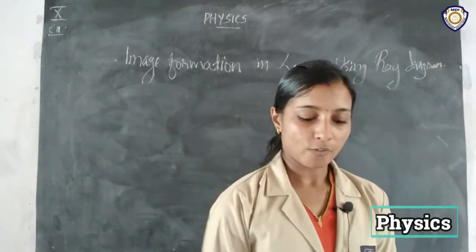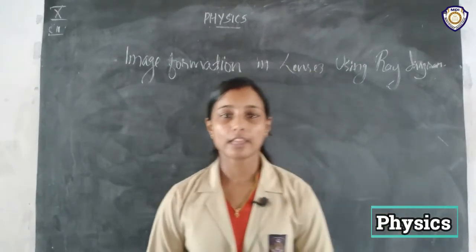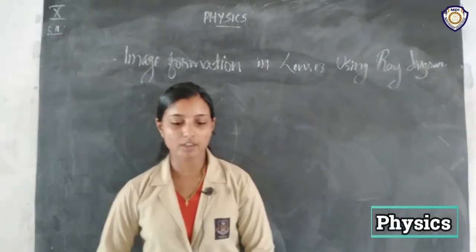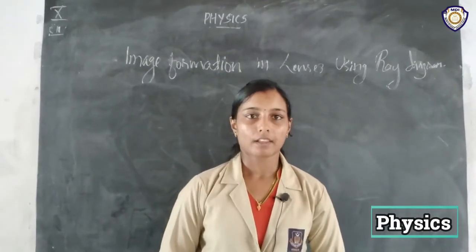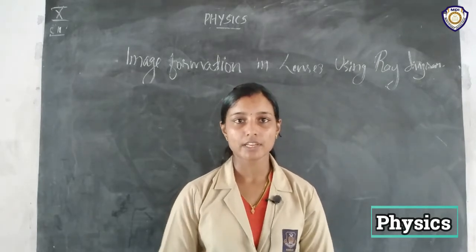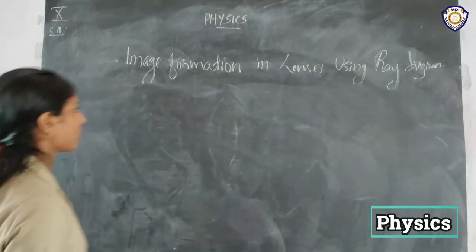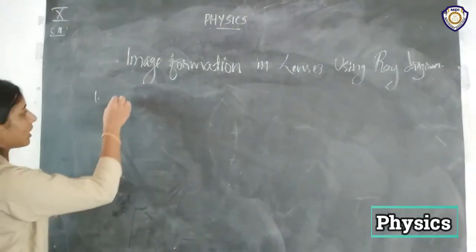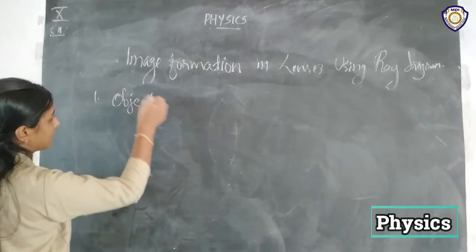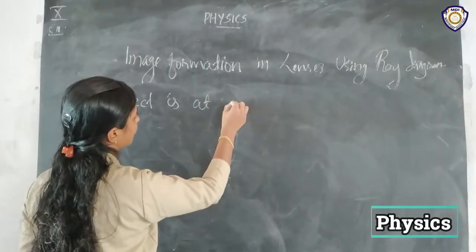Okay. So first one, we can draw in the case of a convex lens. Now we have to draw the ray diagrams for objects placed at different positions, right? So the first scenario we can look into: the object is placed at infinity.